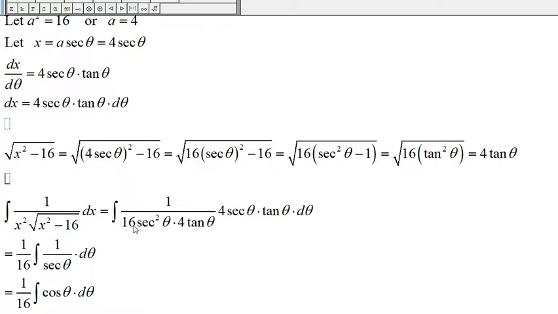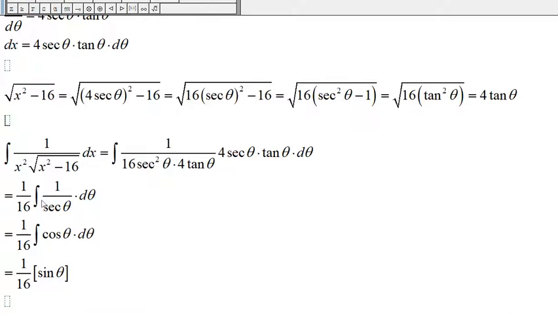And then we have the 16 on the bottom here, and so here we get 1 over 16. One over secant of theta is cosine of theta. The integral of cosine of theta is sine of theta.